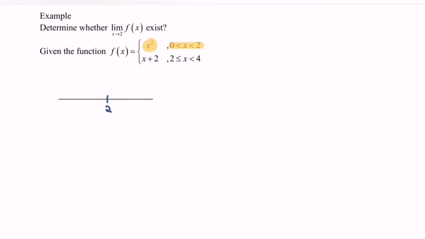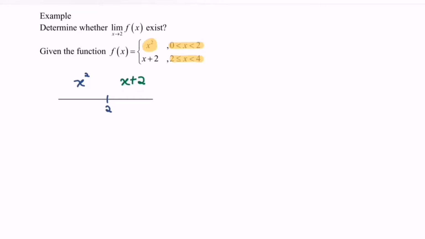For this situation, the function will be on the left. Next, we have 2 until 4, where 4 is not included. The function will be x plus 2, from 2 until 4, meaning that the function will be located on the right.